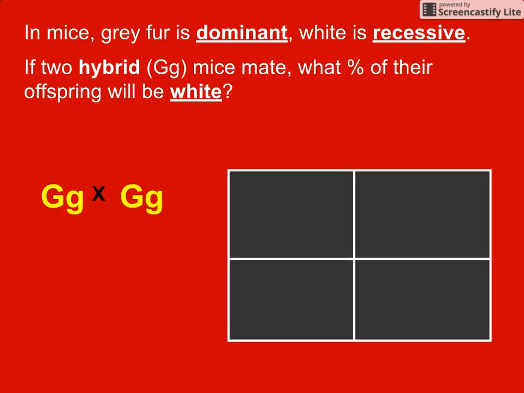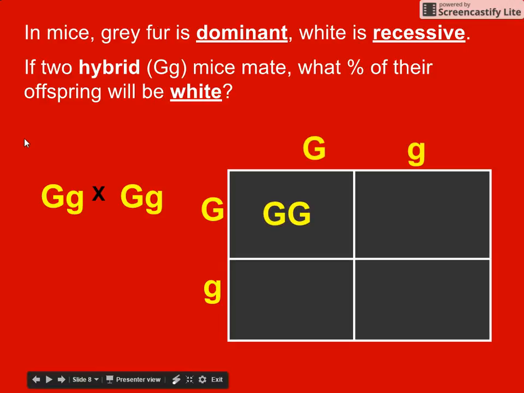So hopefully you were able to say that you were going to cross two hybrids, putting the parents on the outside of the Punnett square. So this parent here, this parent here, and then you go ahead and complete the Punnett square. And you can see that inside the Punnett square represents the possible genotypes of the offspring.